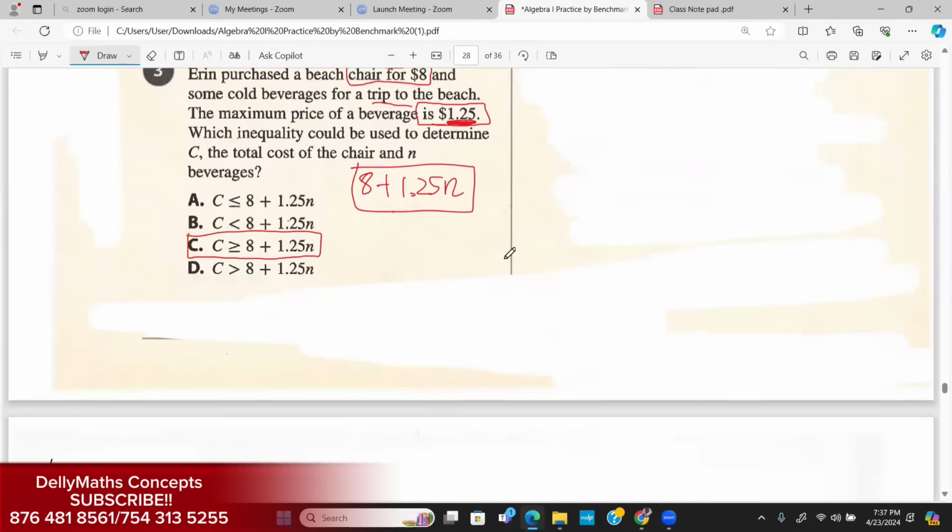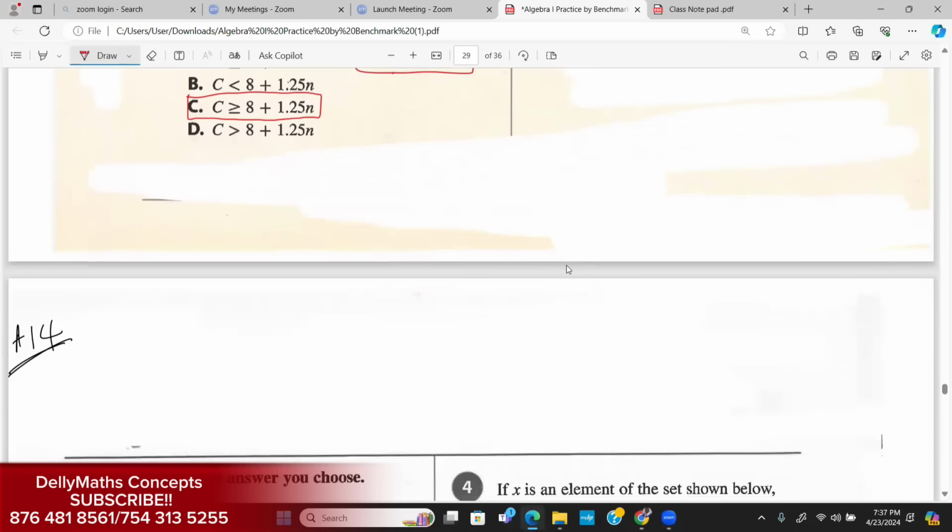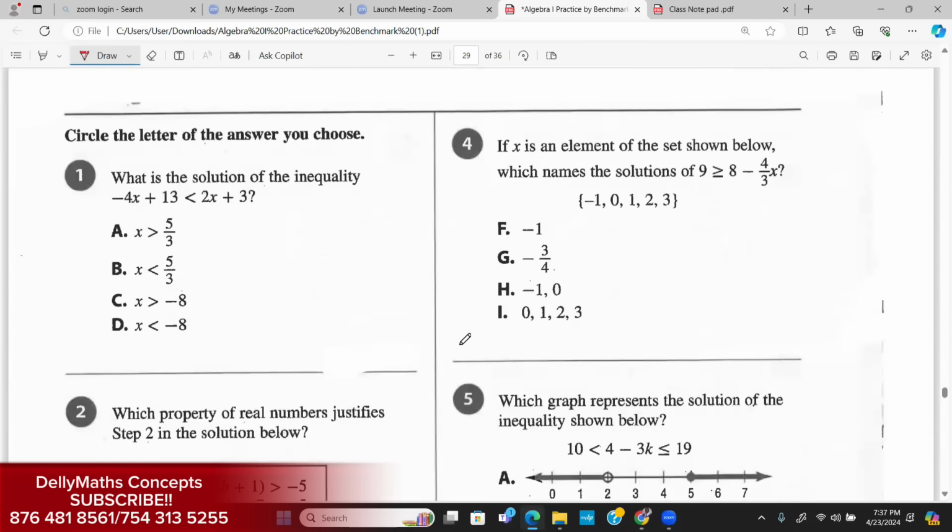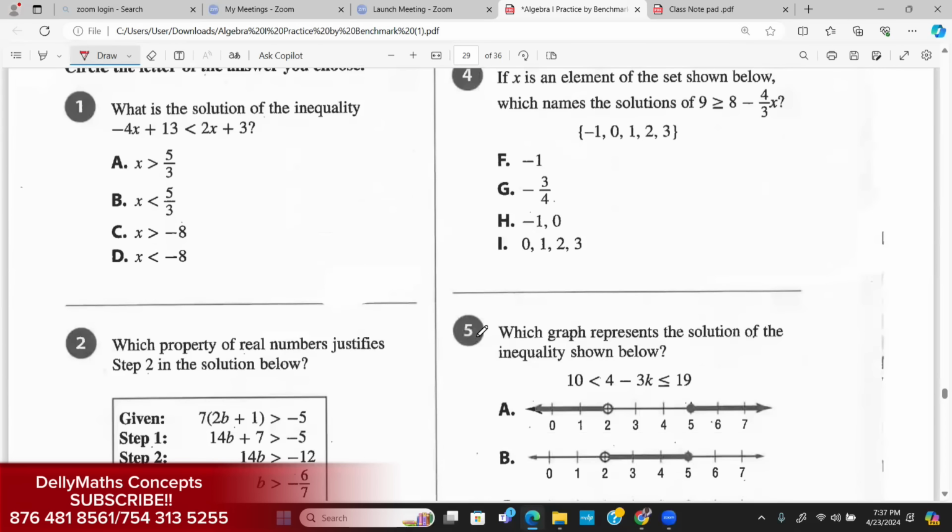All right, let's go. We're looking at A14 right now. The question says, what is the solution of the inequality? We want to solve this inequality: negative 4x plus 13 is less than 2x plus 3.